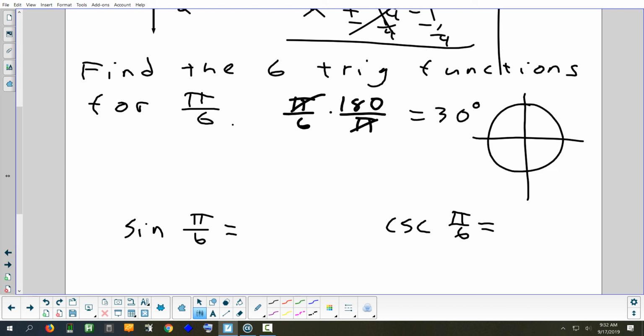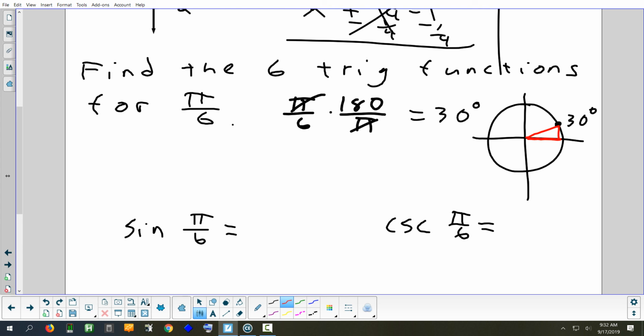So draw your picture. 30 degrees is right there. Just make it less than half. Make your triangle. There's your triangle. Looking at that triangle, where's the long side? Is it the bottom, or is it the height? It's the bottom.